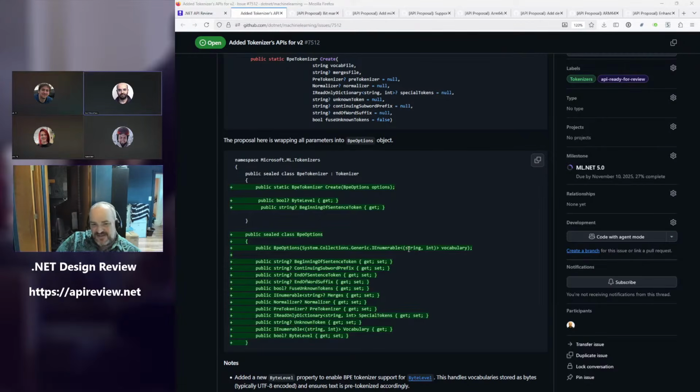Because most people just use JSON or any other text library which reads it as a string in C#, not reading it as bytes from the text file or from the JSON file. Right, but you've already read it. Unless it's not about the vocabulary, it's about whatever you're going to read next.